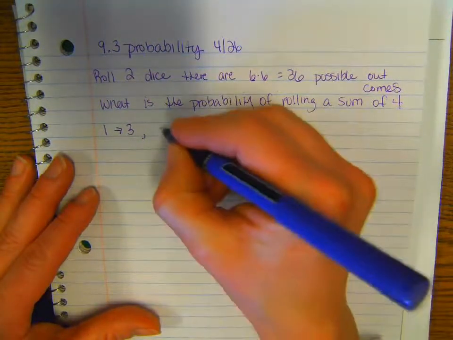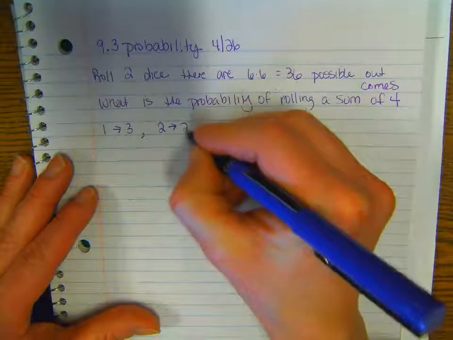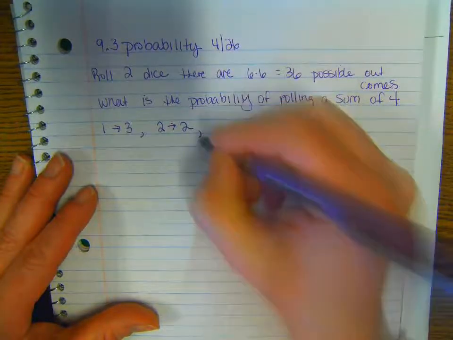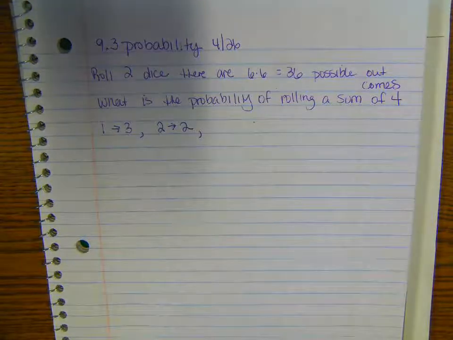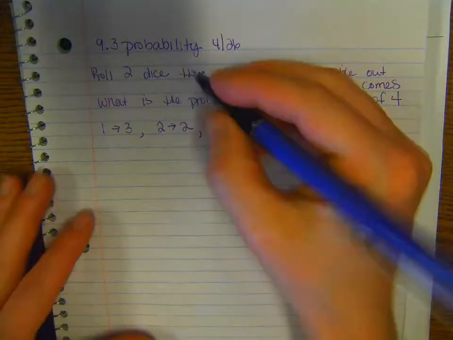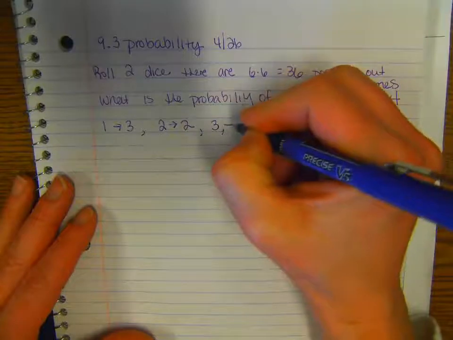What if I rolled a 2 and a 2? Okay. Now we don't count that twice because you can't distinguish the difference. What about if I did a 3 on the first die?